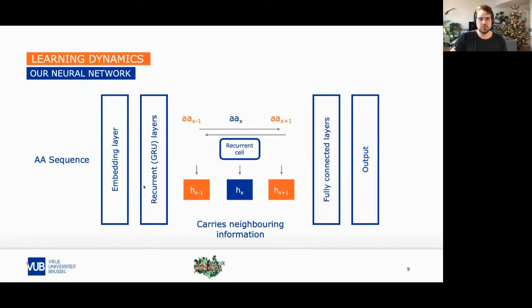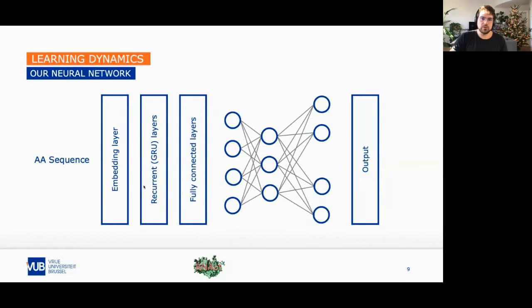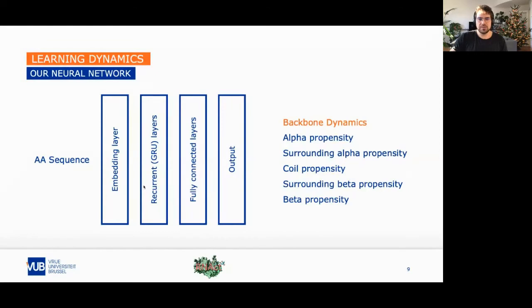And you do that for all the amino acids in the protein. When you have this representation, you move it to fully connected layers, which is a normal neural network that, with its weights and biases, is trying to optimize for an output. You obtain the same 6 labels that we talked about before, and here you calculate the loss and backpropagate the error to get the best network possible.